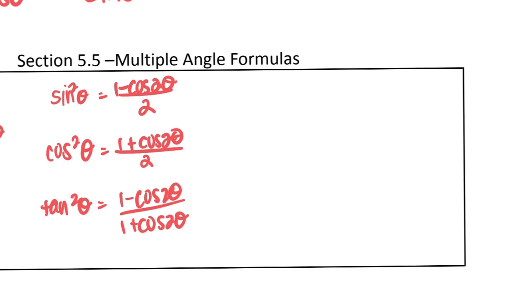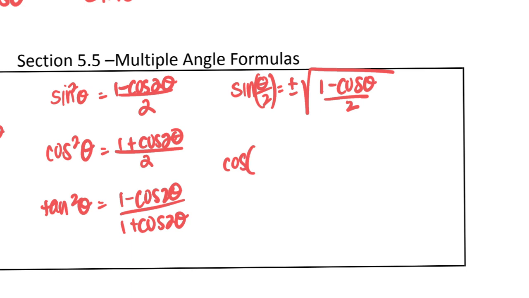And lastly, our half angle formulas. Sine of theta over 2 is equal to plus or minus the square root of 1 minus cosine theta over 2. The cosine formula for half angle is similar, but we have a plus cosine theta over 2.